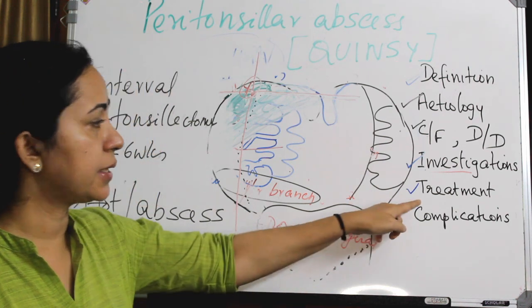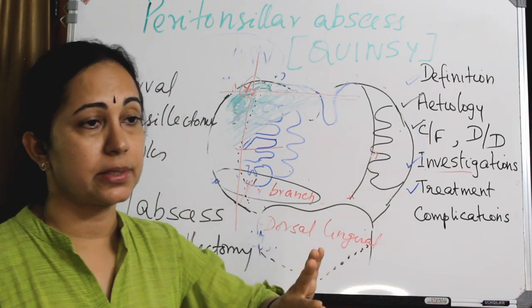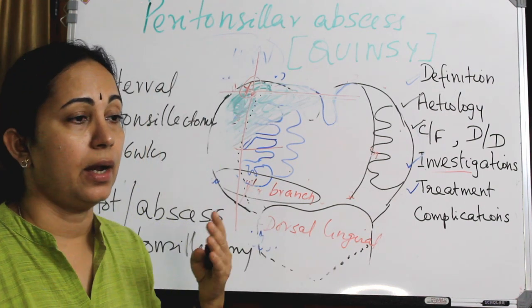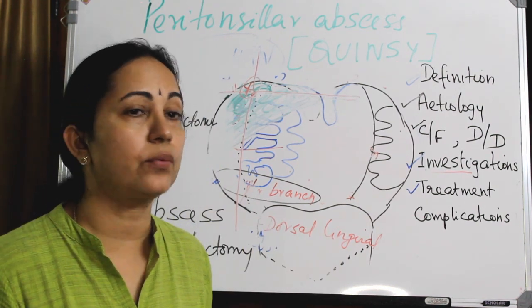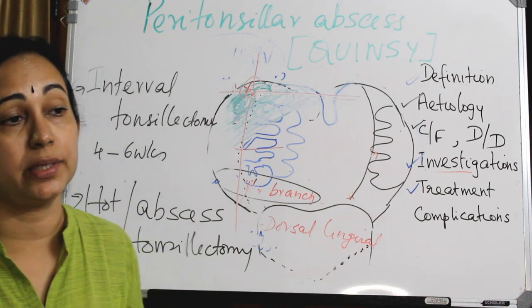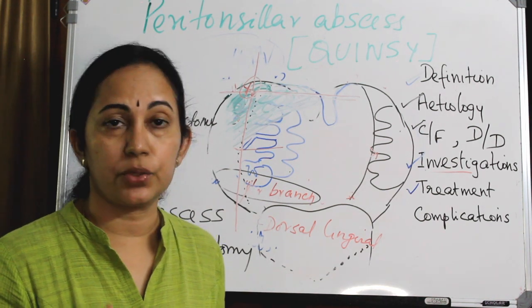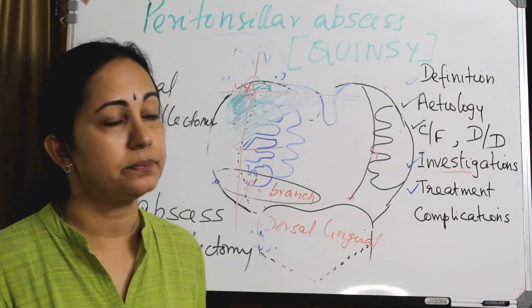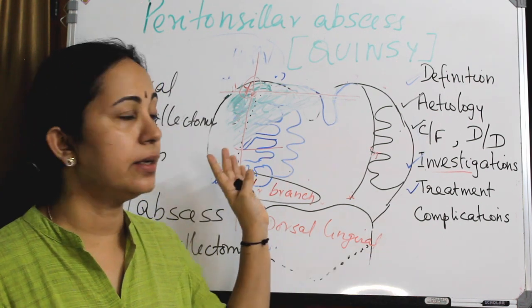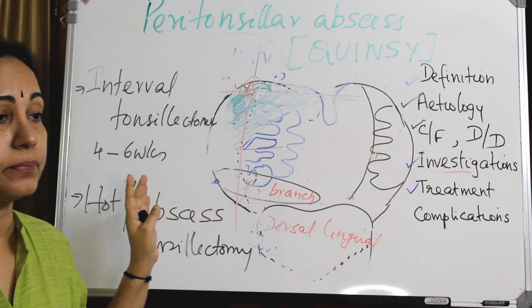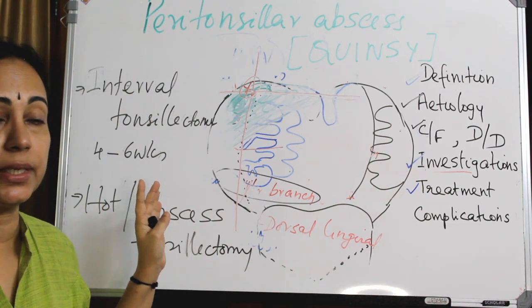Okay, and that is treatment. So medical treatment: first hospitalize the patient and give IV antibiotics, analgesics, antipyretics, along with a single dose of intravenous steroids, and correction of fluid and electrolyte imbalance if any, adequate hydration. And I have already told you 4 indications for incision and drainage.